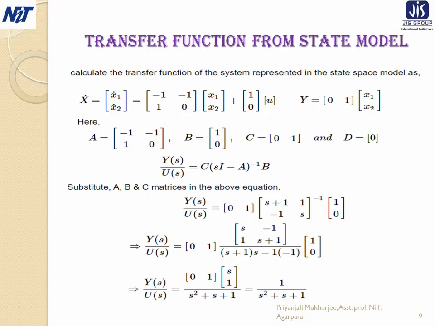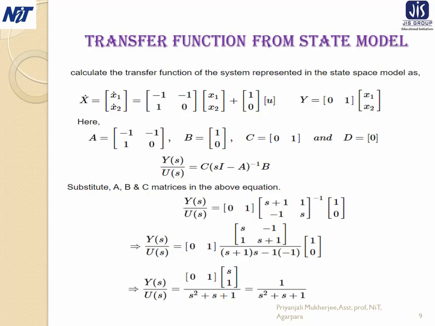Then we perform sI − A, and it looks like [s+1 1; −1 s]. Then we find the inverse of this matrix by using the formula: cofactor of this (sI − A) divided by the determinant. So the determinant of this matrix is this one.